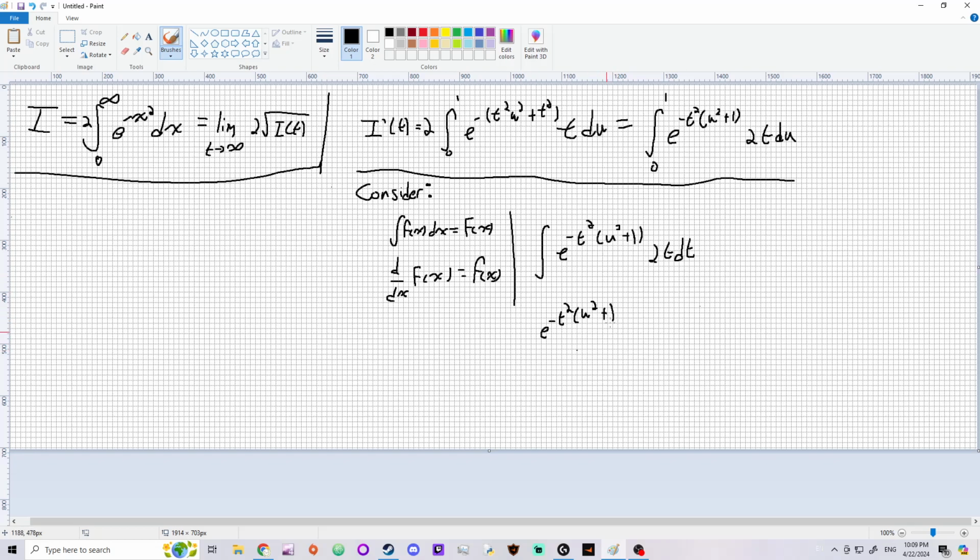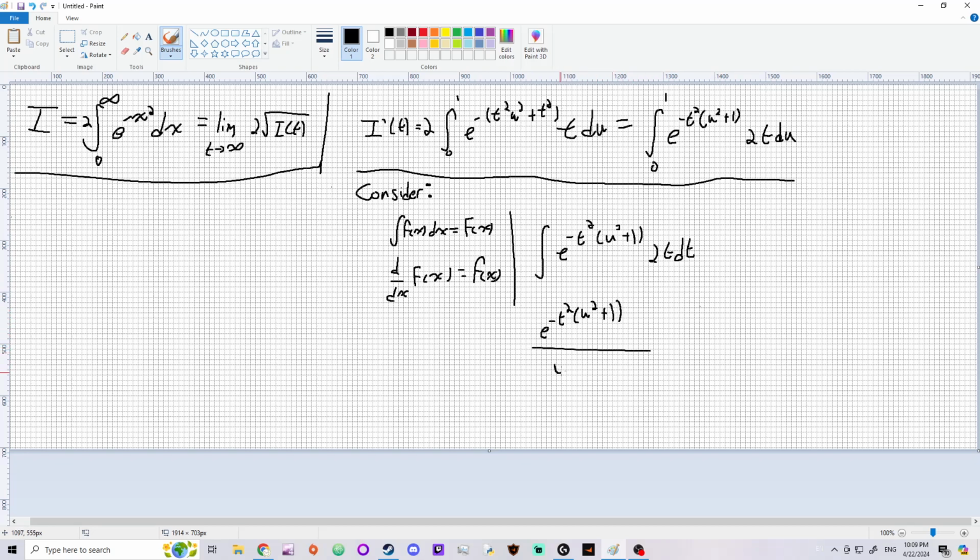If I took the derivative of this, this is why I wrote this: the derivative of our integral is going to equal what's inside. So given that idea, I can think in my head, if I take the derivative of this, the derivative is going to give me this inside.